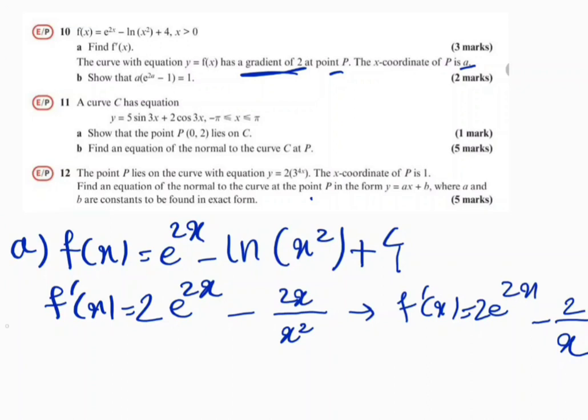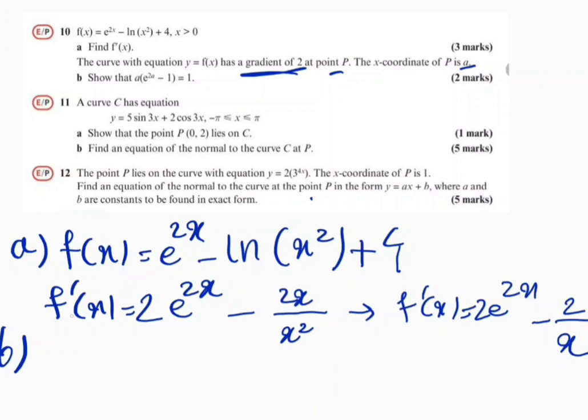So for this part, even though we don't know the value of the x coordinate of P, let's just start the usual way, because when they give us the x value of a point and we want to find the gradient, we just use the differential of the function, plug in the x value, and that's going to give us the value of the gradient at that point.